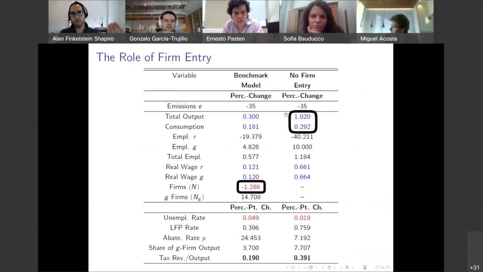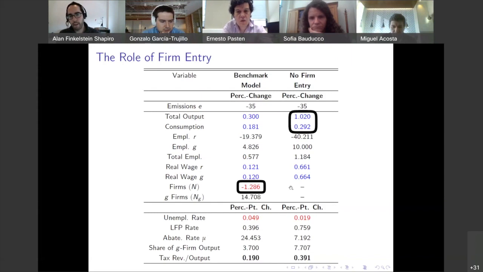Now, what if you eliminate the fact that firms can enter and exit, but you still allow firms to decide what technology to adopt? So you're shutting down firm entry, but you still have the technology adoption margin. Here the positive effects end up being greater, which makes sense because you don't see this overall reduction in the number of firms, and therefore in the productive capacity of the economy from a firm standpoint.